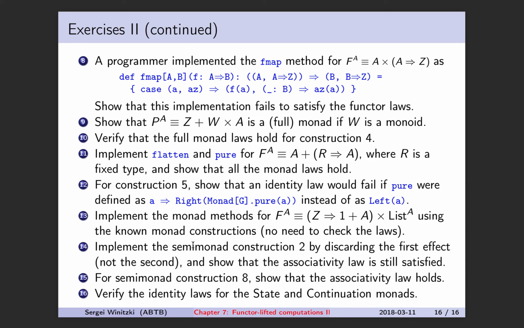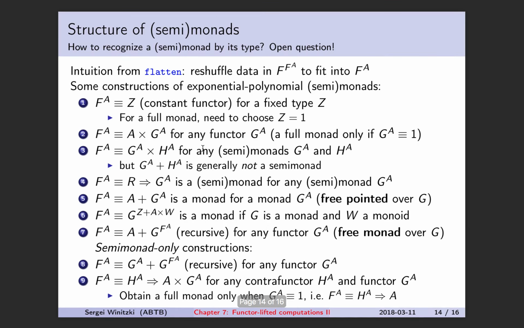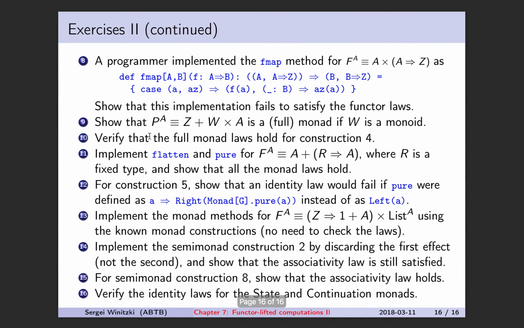In the next exercise is to try the construction 2, which was this one. In the worked examples I showed, I implemented this construction by discarding the second effect. In this exercise, you should repeat that but discard the first effect. So that would be a different implementation of a semimonad.